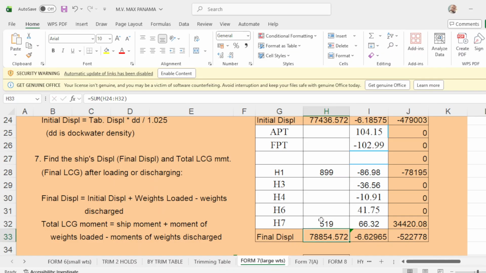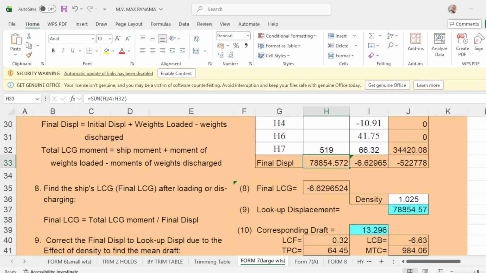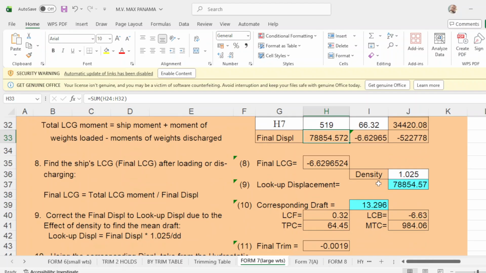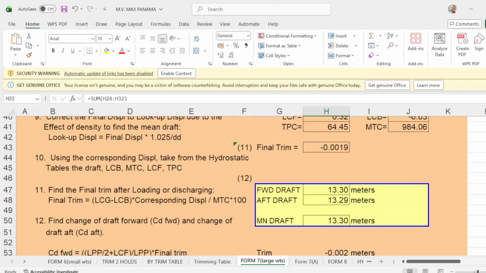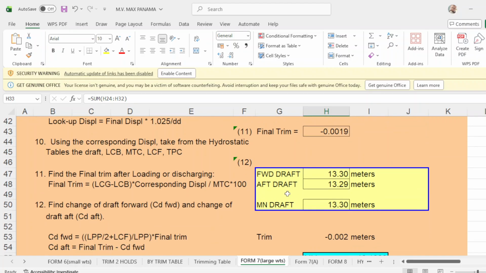Okay? And what will be your departure drop? And before completion of loading, you put also your density of 1.025. And this will be your mean drop of 13.296, which is almost 13.30. And this is now your departure drop.